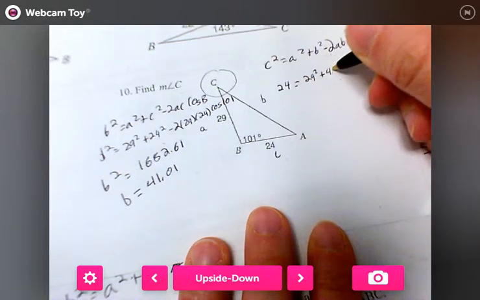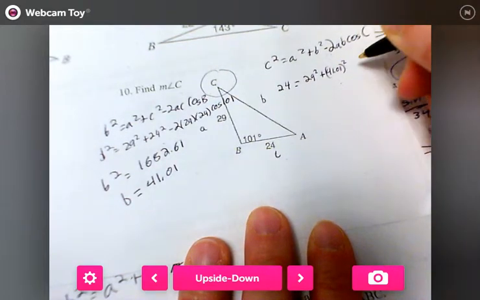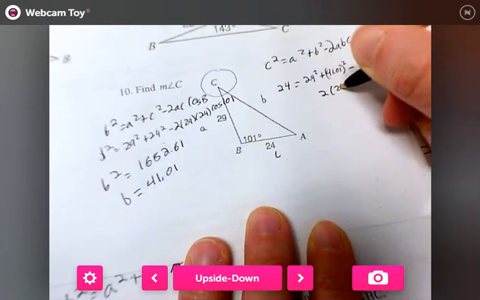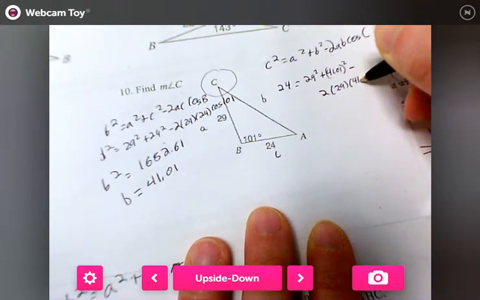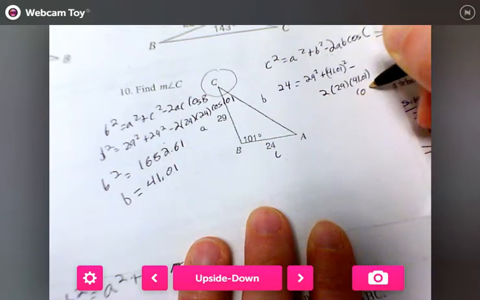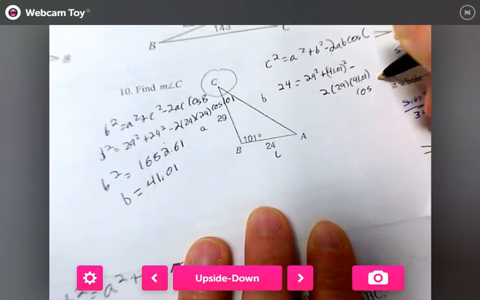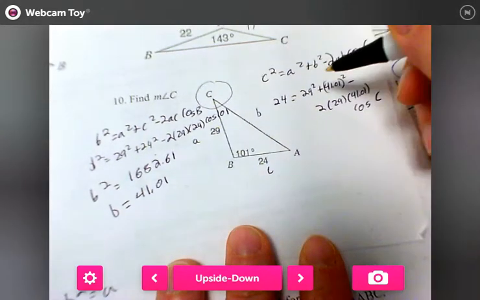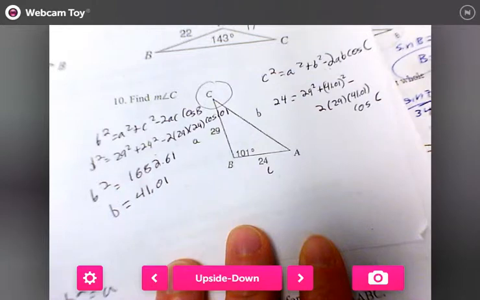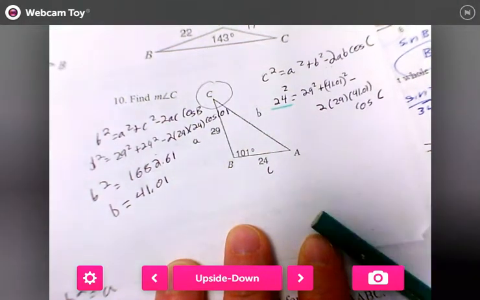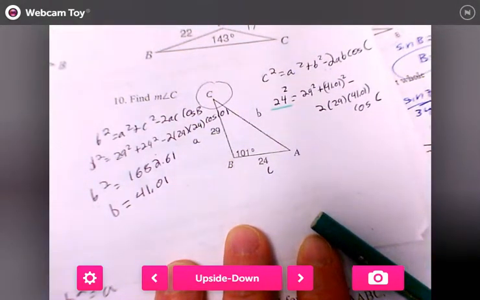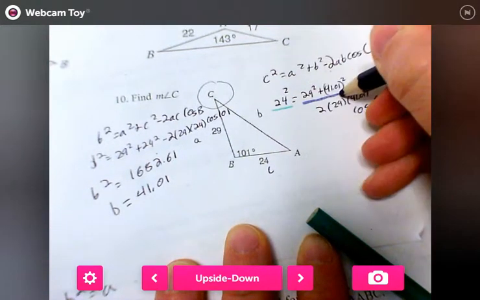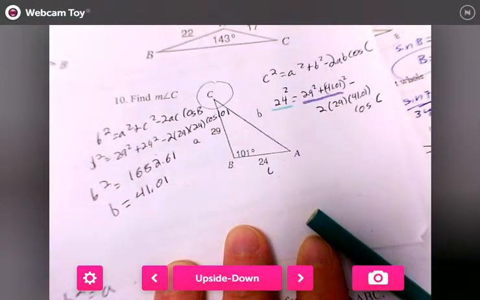So now we can go over and fill it in for here. Plus 41.01 squared minus 2 times 29 times 41.01 cosine C. Okay, the problem when we're figuring out an angle is I have to put it in parts into my calculator. 24 squared, and then 29 squared plus 41.01 squared.